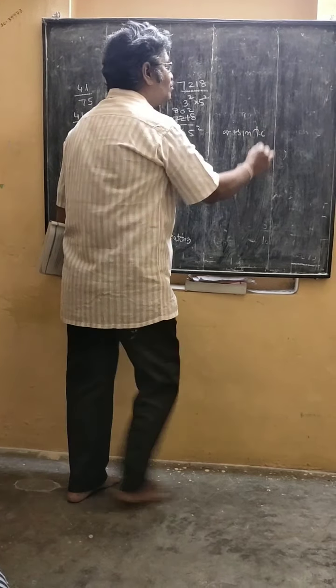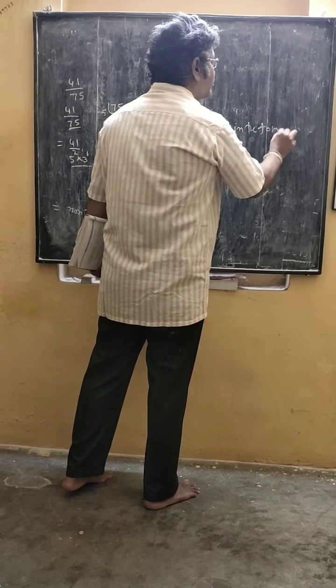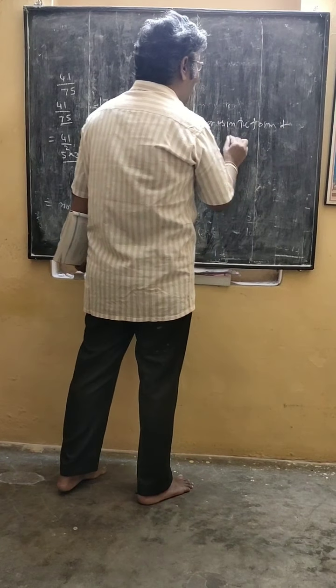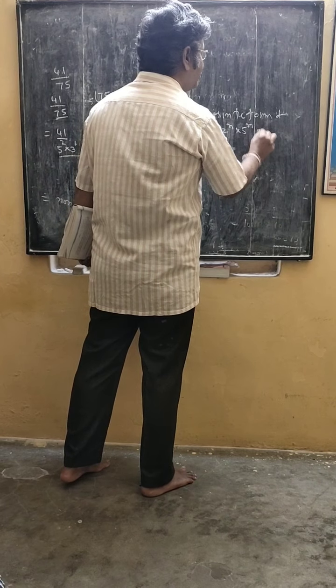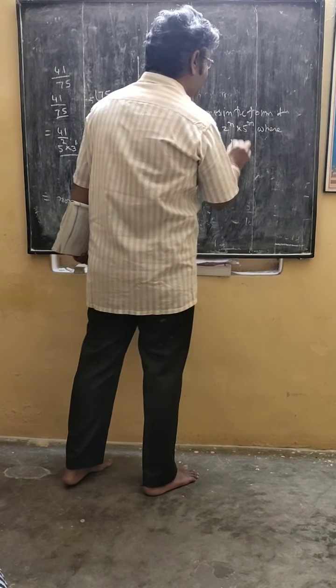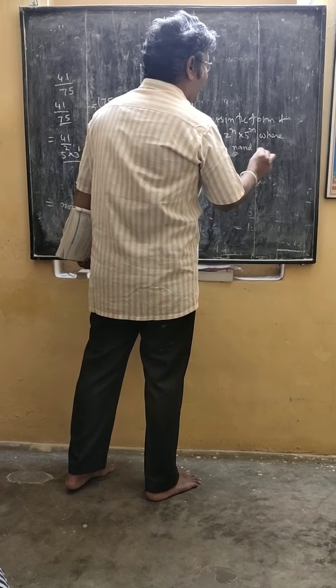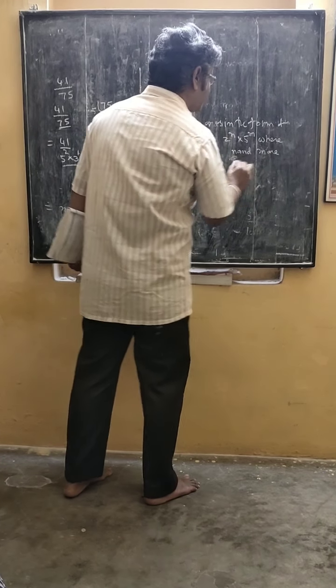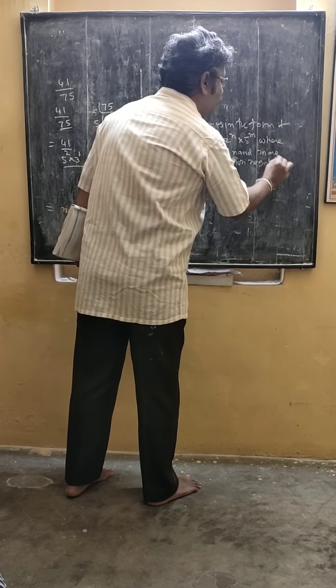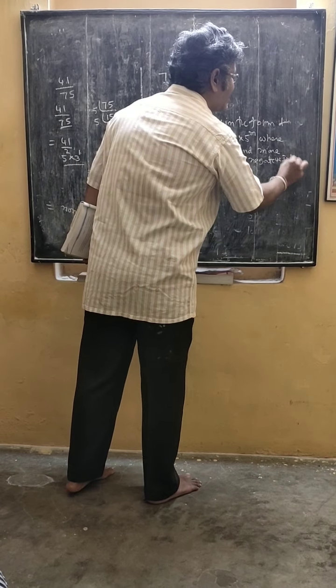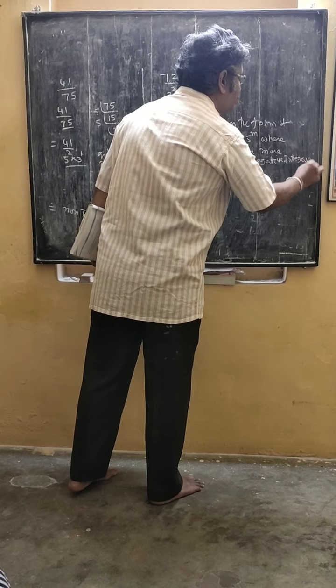Here, square by 2 square. q is in the form of 2 power n into 5 power m, where n and m are non-negative integers.